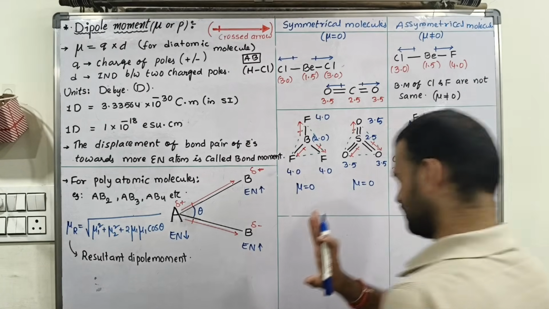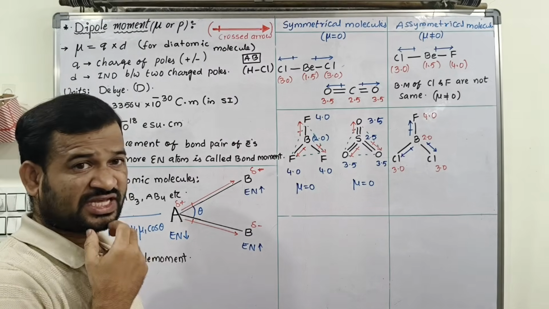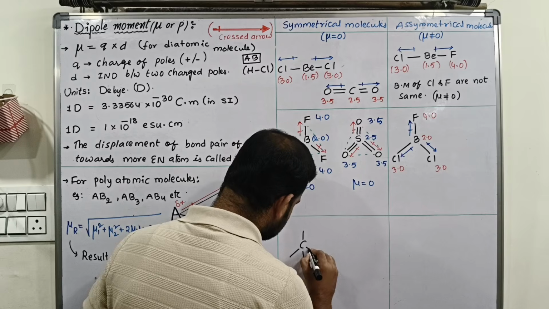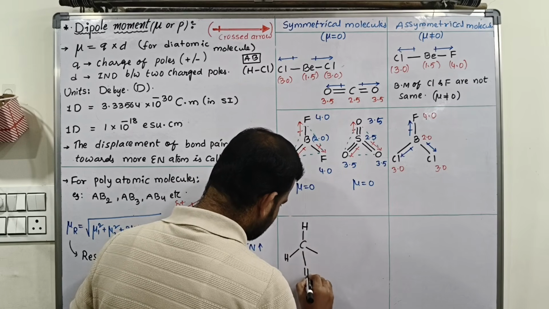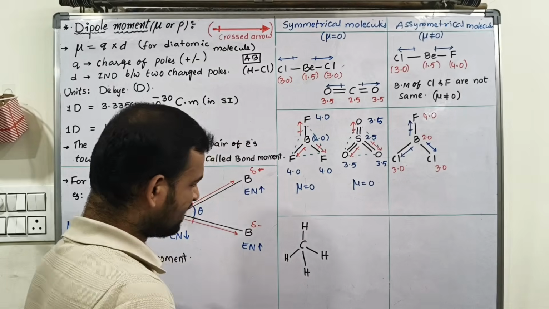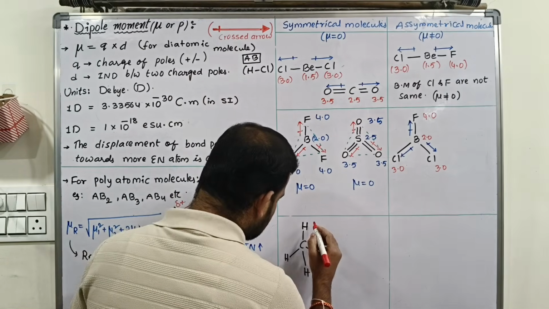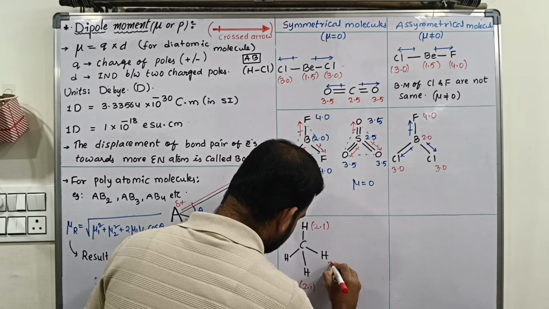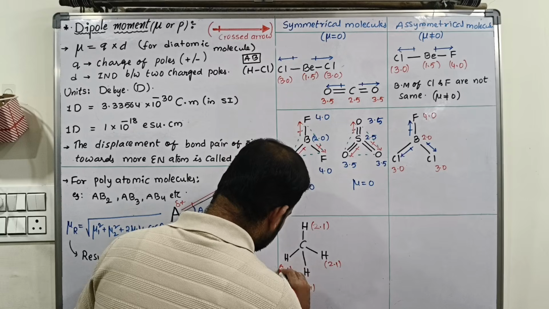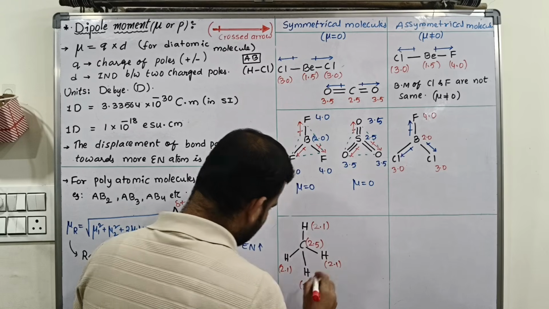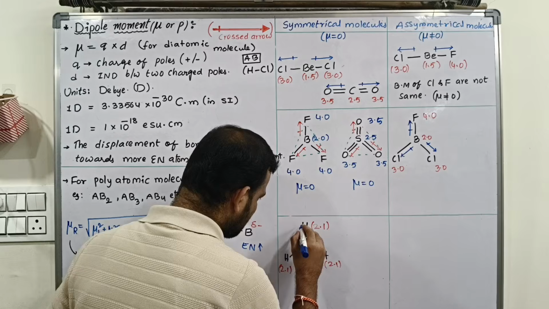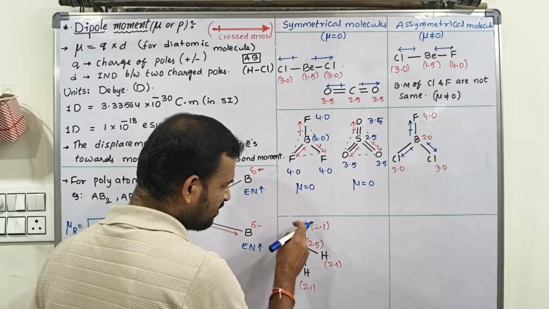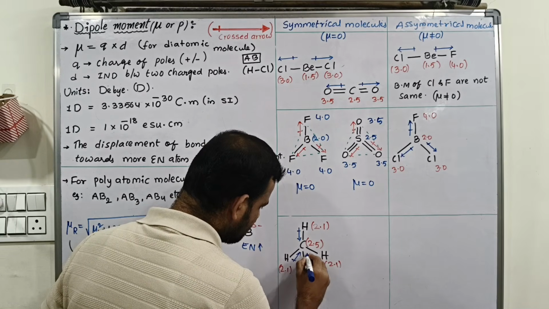Understand? Okay, clear. Next, come to the sp3 hybridization. For example, CH4, methane, has a tetrahedral shape. Here the electronegativity of hydrogen is 2.1, but the electronegativity of carbon is 2.5. So the bond moment is towards the more electronegative atom, from hydrogen to carbon, like this.